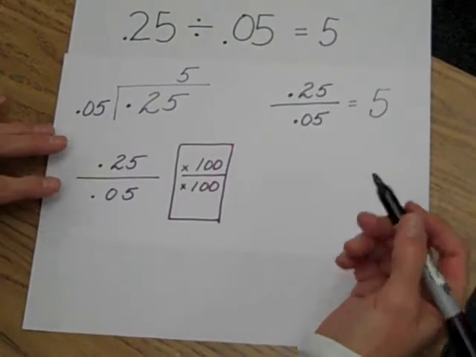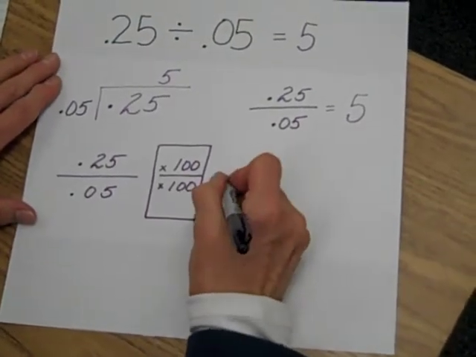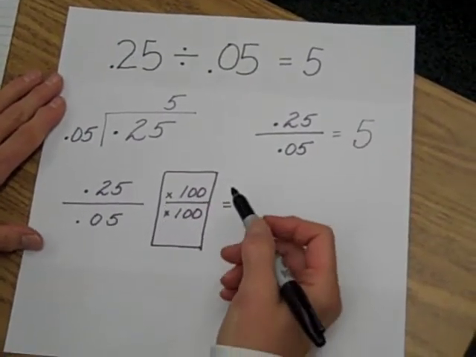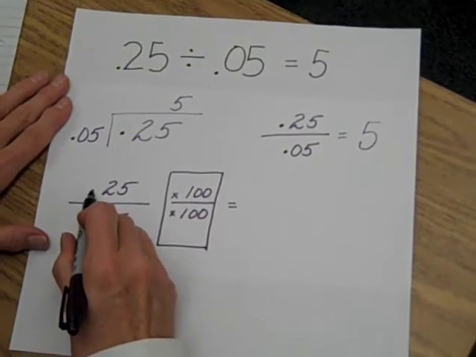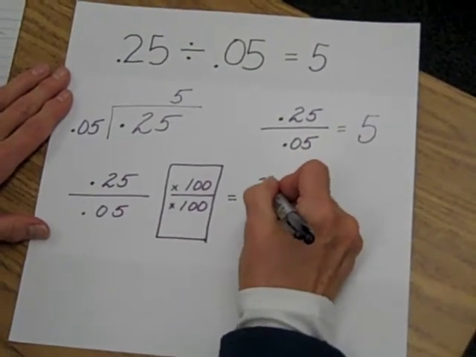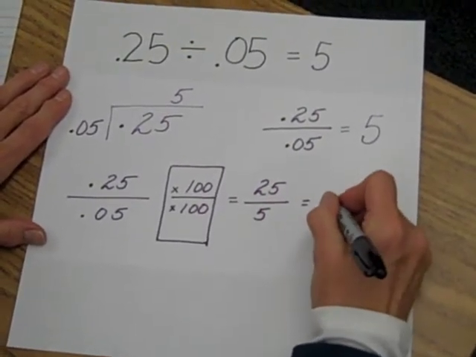And we also know that any number times 1 is itself. In this case, it's going to get us a new form. Multiplying by 100 moves the decimal point 2 places to the right. So we get 25 divided by 5, which gives us 5.